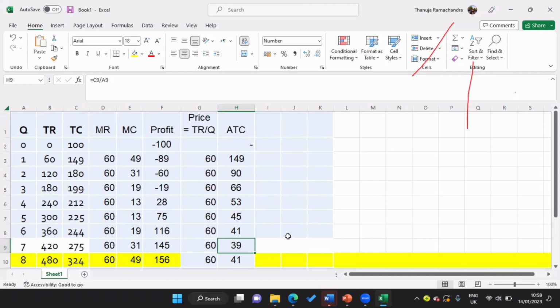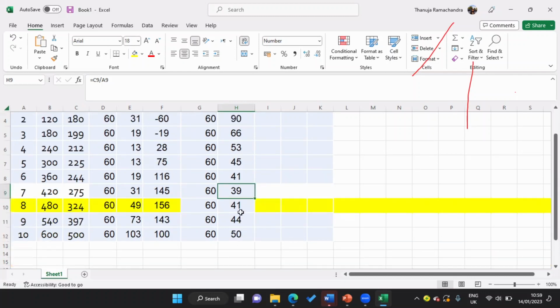So 39 is the minimum, and then it starts increasing again. So that is also U-shaped.